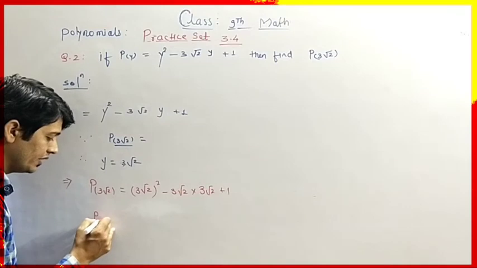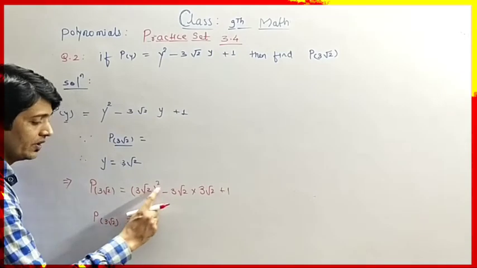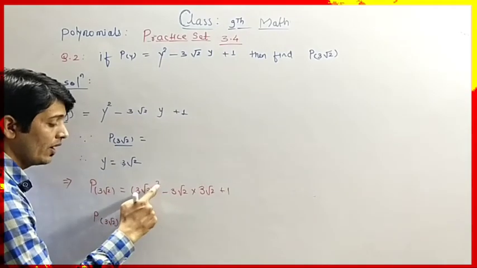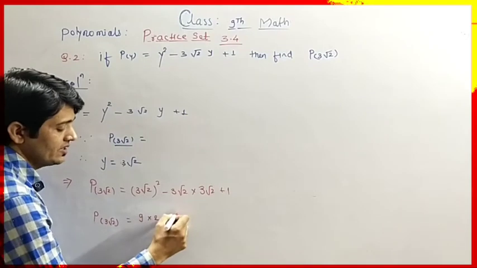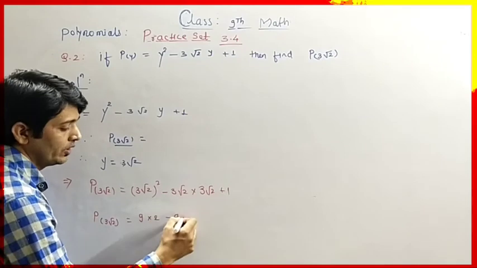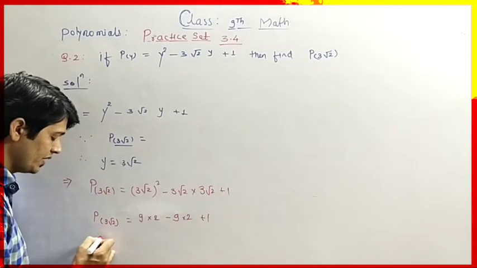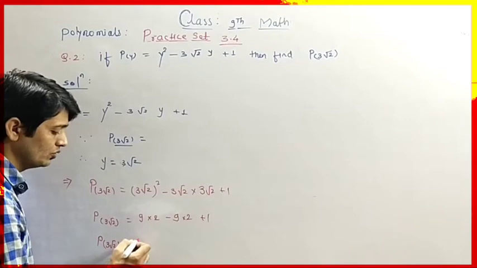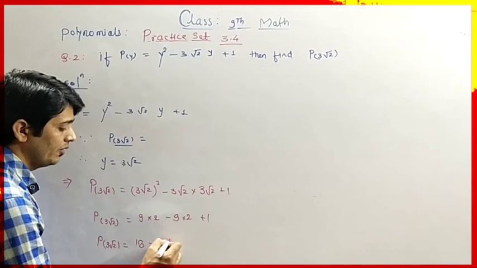So p(3 root 2) equals: square of 3 is 9 into square of root 2 is 2, minus 3 into 3 is 9, root 2 into root 2 is 2, plus 1. So 9 twos are 18, minus 9 twos are 18, plus 1.